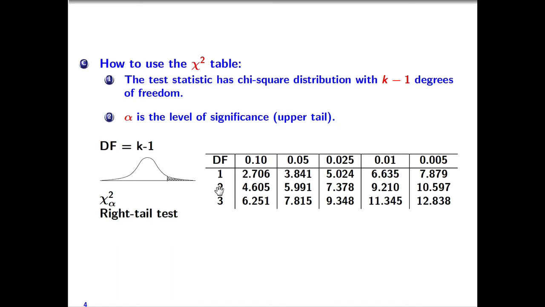With alpha equal to 0.1, chi-square alpha will be 4.605. For alpha equal to 0.05, with degrees of freedom of 2, you will get 5.991, etc.